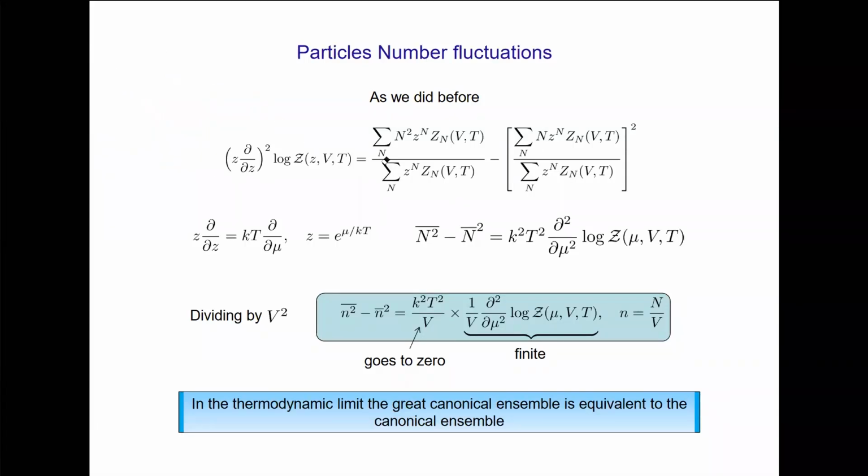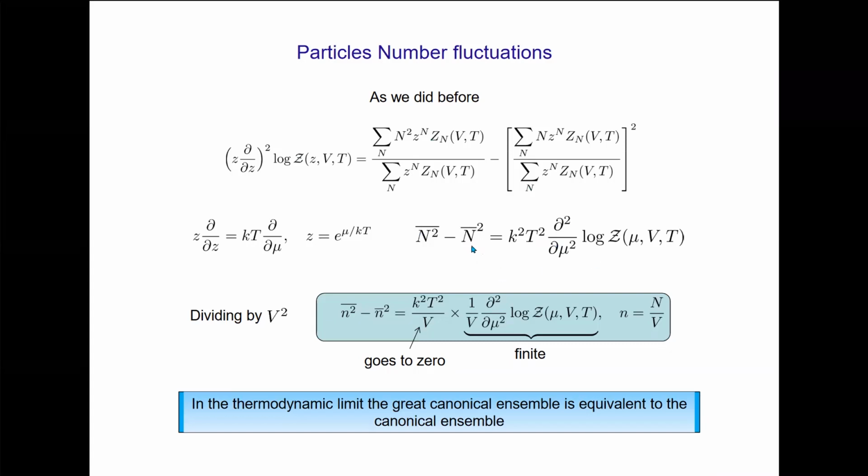So with this notation, once we know the average squared number of particles, we can calculate the variance of the number of particles, which is given simply by the second derivative of the log of the partition function with respect to the chemical potential.